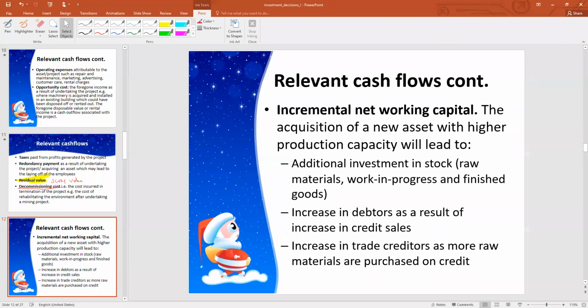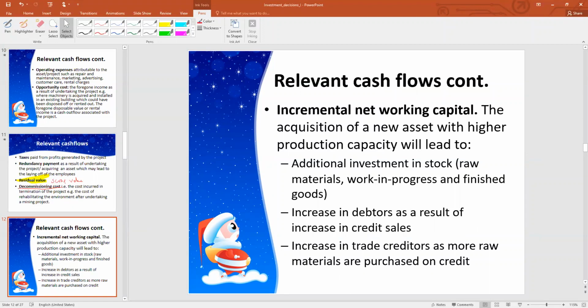Then of course you have working capital. The machine you have just bought, since you want to produce some units, you have to invest in working capital. You have to buy raw material, and incur some expense to convert that raw material to work in progress, to finished goods.